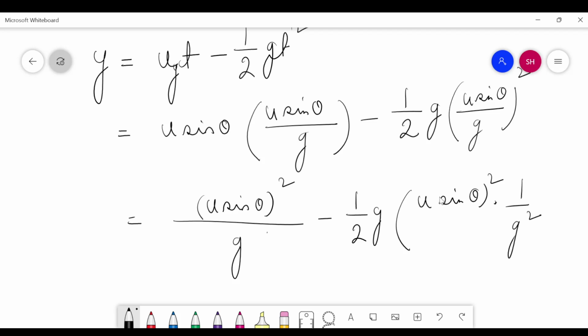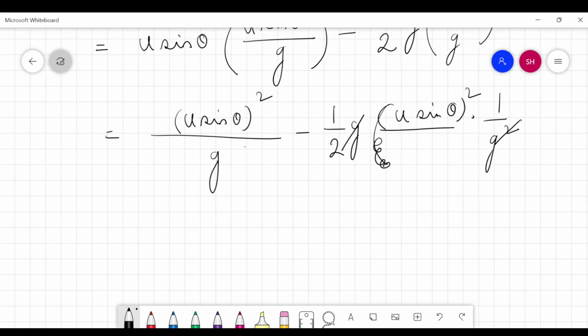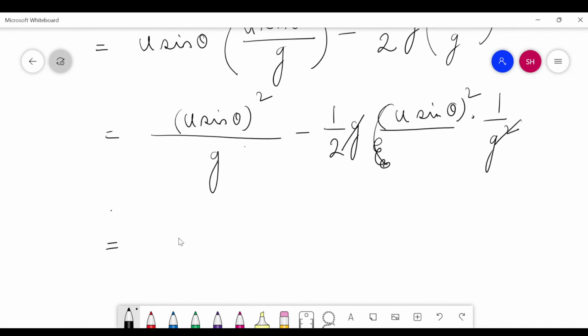g square. Why g square? Because we are just removing the bracket here, and we get u sin theta whole square divided by g square. This g and one g here will get cancelled out, and we can write this expression as (u sin theta) whole square by g, minus half of the same expression.